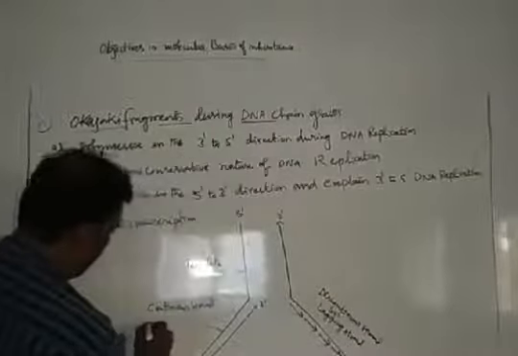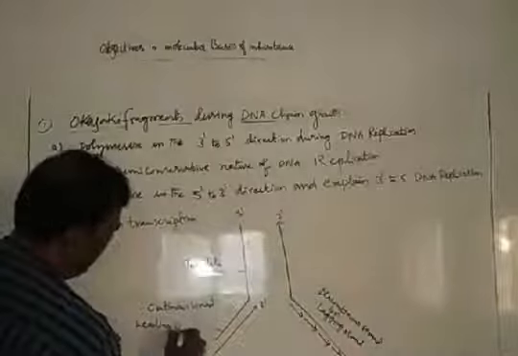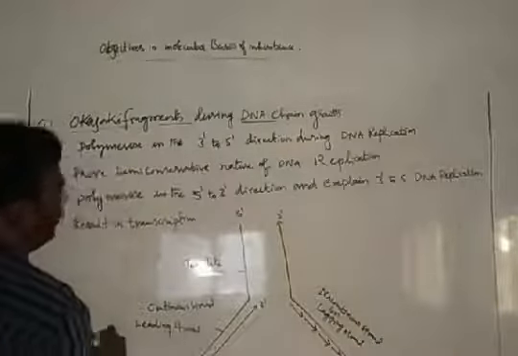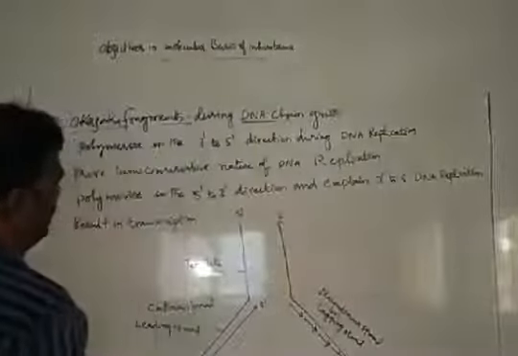The continuous one is called the leading strand. So this is the diagram of the DNA replication.